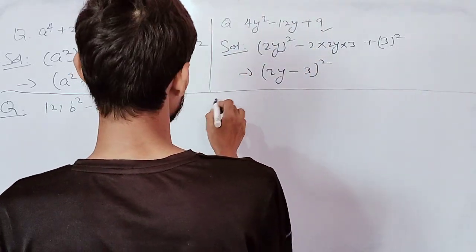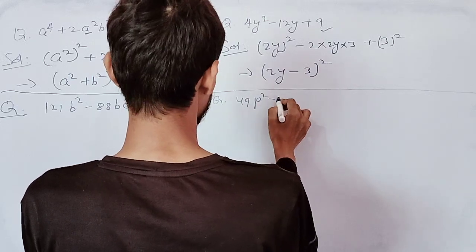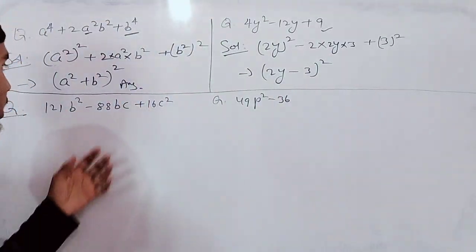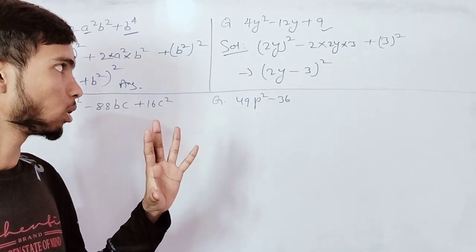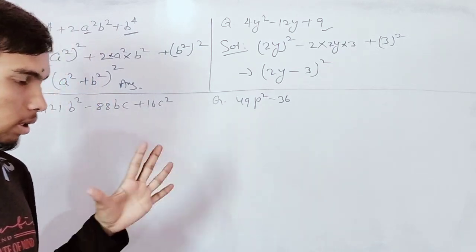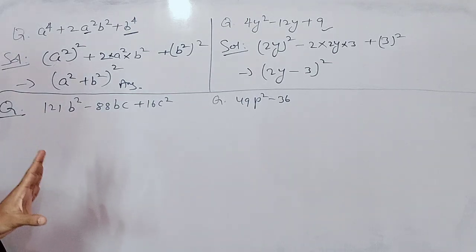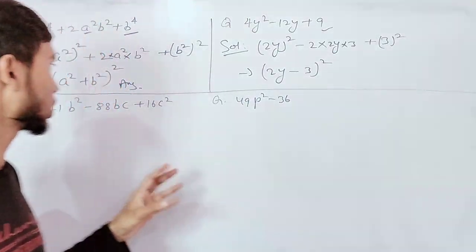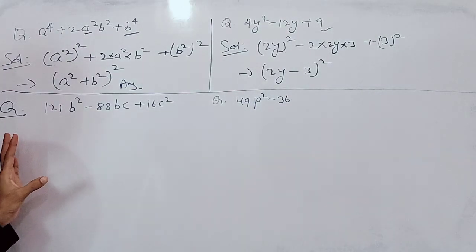Next question, you can feel it is different from the previous one. Here you can see we had 3 terms. In this question we have 2 terms, but don't get confused. You can easily solve it. Just carefully look at the first term and look at the last term.